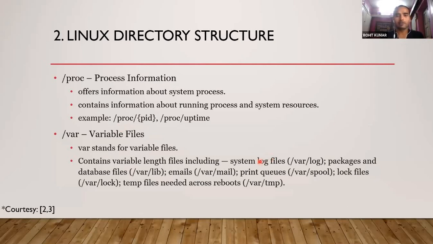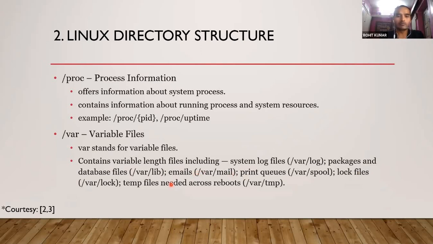System log files are a very common example. Whenever you turn on your system and perform some routine check or activity, a couple of events, everything is logged inside your log files, so they get extended very frequently. Then there are package or database files with package and database details. Then emails and print queues, a kind of spooling activity: you may give several print commands at a shot, but they will get executed one by one only, so the remaining ones are handled by the spool.